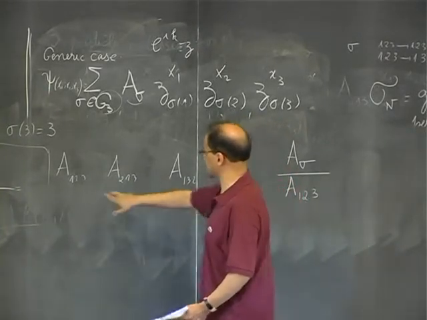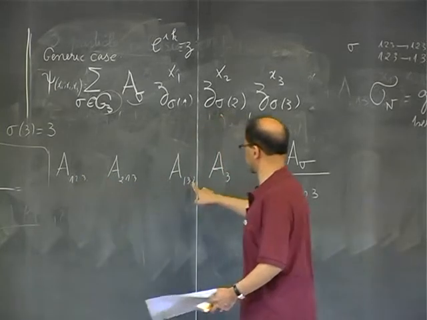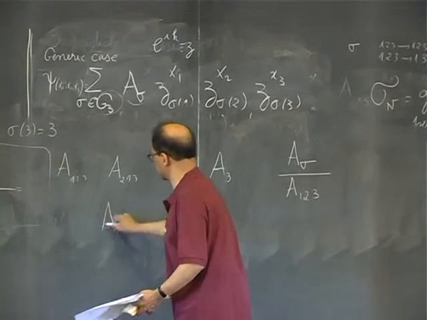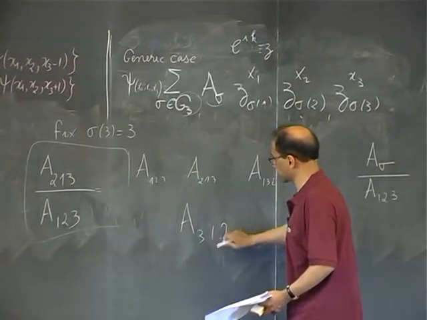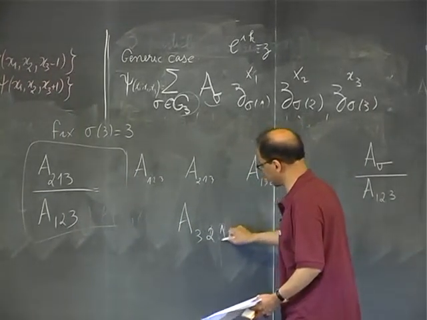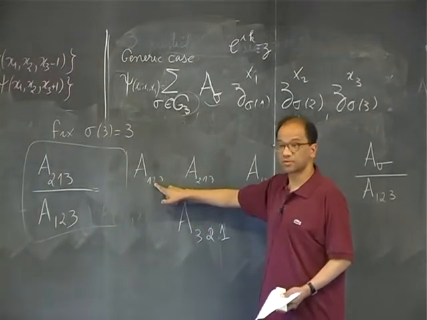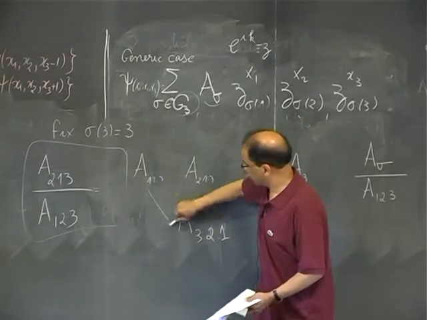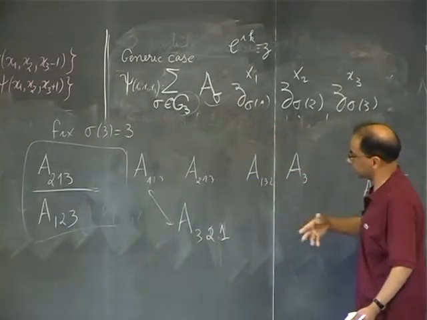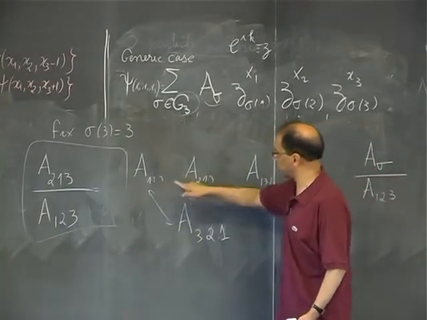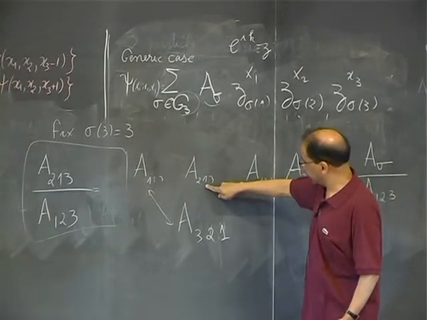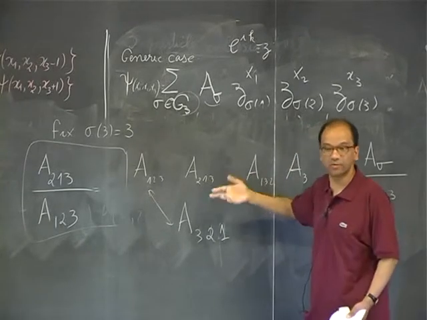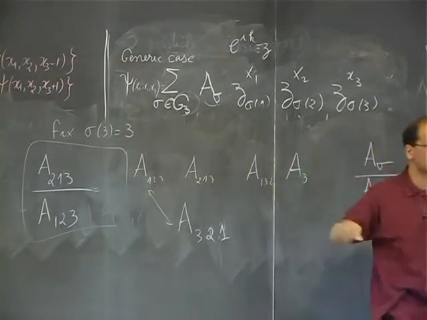For example, I can fix sigma 2 and switch 1 and 3. Or maybe I could go in a much more complicated way. I could go from here to here, and then switch 3 and 2, and then switch 2 and 1. I have different paths. Okay?